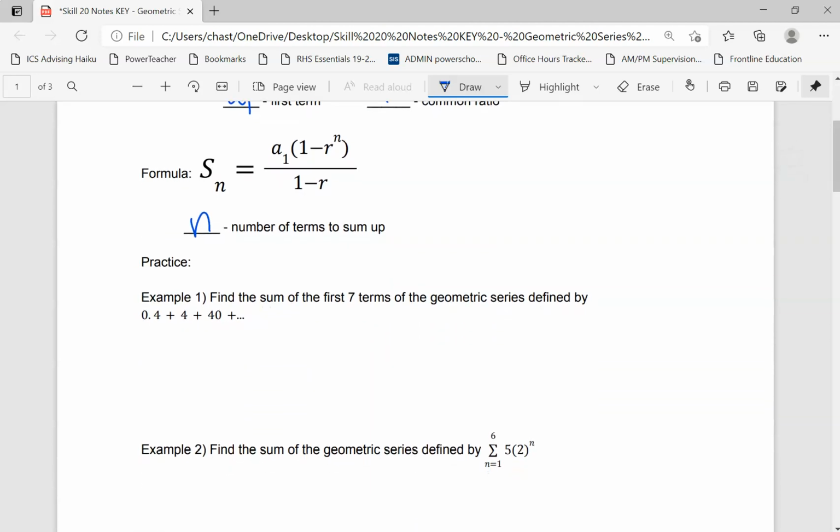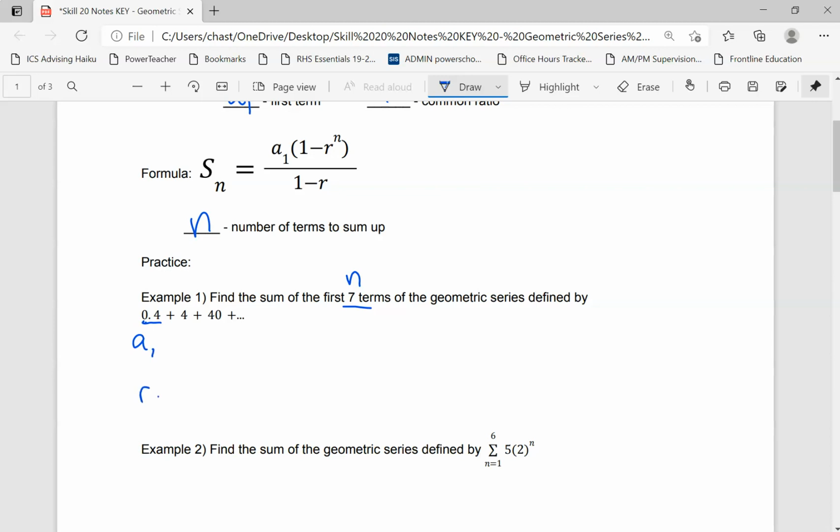All right, so with that formula, let's find the sum of the first 7 terms of the geometric series defined by 0.4 plus 4 plus 40, and so on. The first thing we have to know is that 7 is our n, because that's the number of terms we're summing up. 0.4 is our a1.